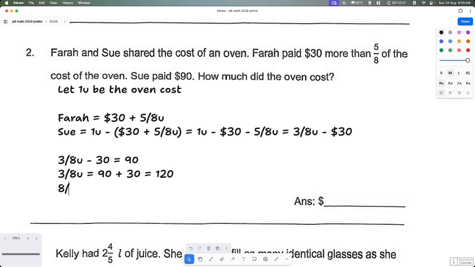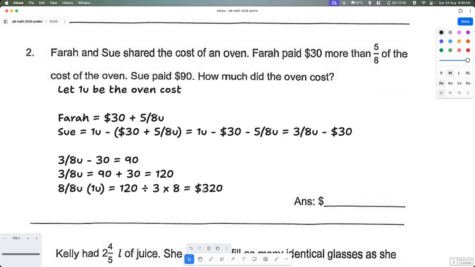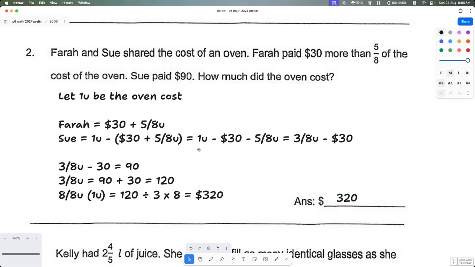So 8 out of 8 units, or 1 unit, which is the oven cost, is equal to 120 divided by 3 times 8. Let's double check: 120 divided by 3 times 8 is $320. There you go, that's the answer.